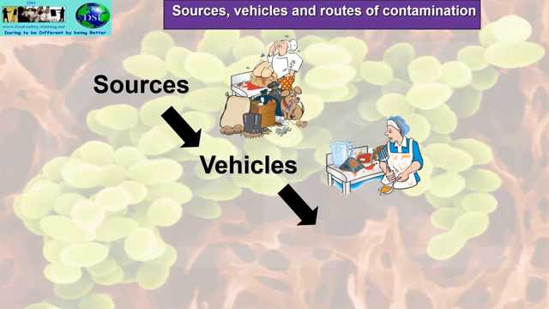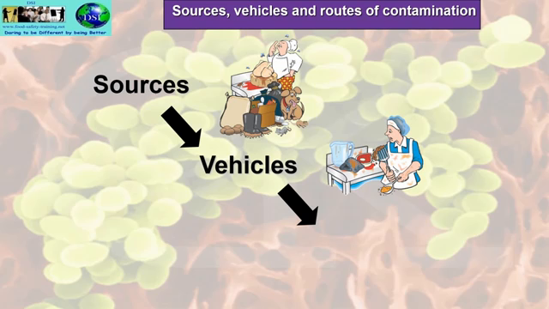The vehicles, or the more technical word, fomites, F-O-M-I-T-E-S, these can be the apron of the food handler, can be the handler's hands, and again, hands are the biggest source of cross-contamination in the kitchen. So obviously you need to make sure that the food handler's hands are washed regularly.